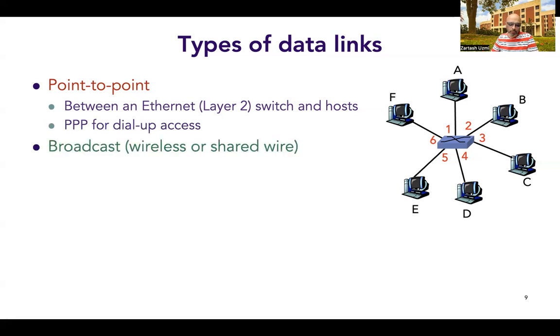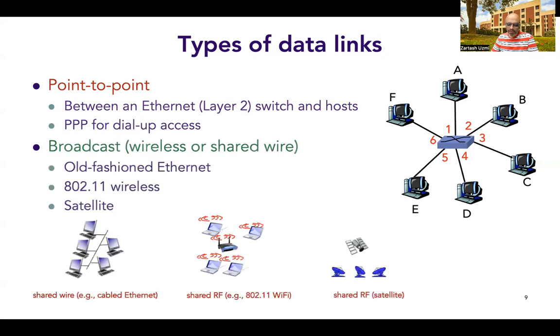In addition to the point-to-point links, there is another type of data link, which is broadcast links. Broadcast links means shared wire links or wireless links, and there are multiple examples of that. You can have an old-fashioned Ethernet kind of link, a single piece of wire with machines connected on that single piece of wire, which means if one machine transmits something, everyone will listen to that.